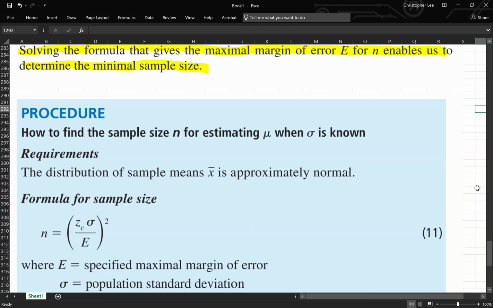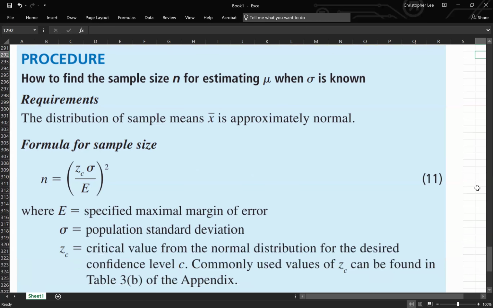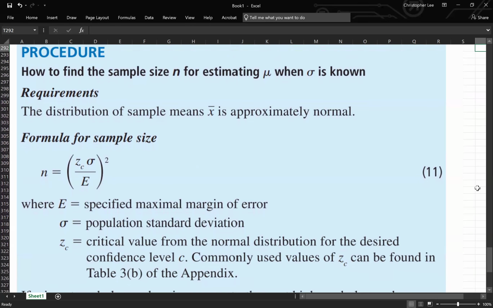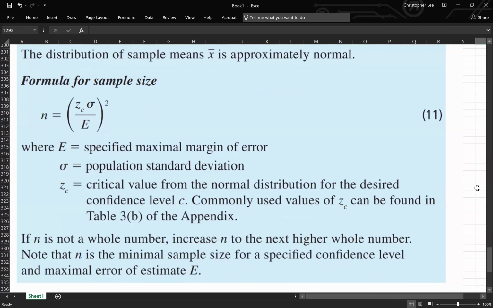You see where E is the specified maximum margin of error, and sigma is the population standard deviation. Just know that those are numbers that would be given to you in the question. And Z critical is our critical value from the normal distribution for the desired confidence level C. Commonly used values of Z critical can be found in the table of the appendix, which you all have.